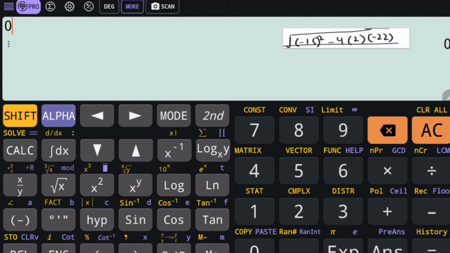So we are going to find out 15 square minus 4 bracket 2 and then minus 22. No, this is 15 square. 15 square minus, so that is 401.